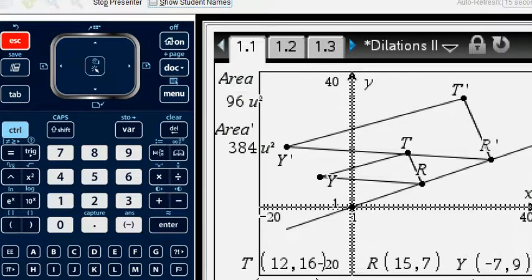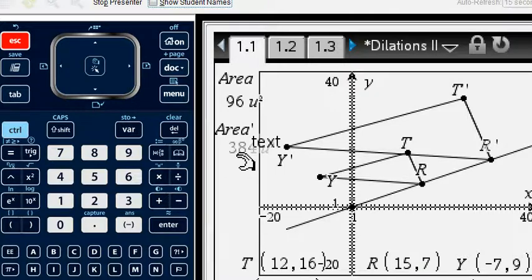And compared to the length of image T'R', how are these different? Does the area of the image and the area of TR along the same left-hand side, be as specific as you can, how do they compare? So is one bigger than the other by how much?